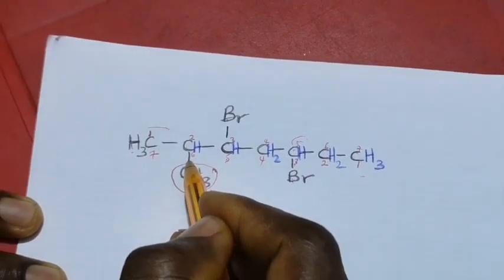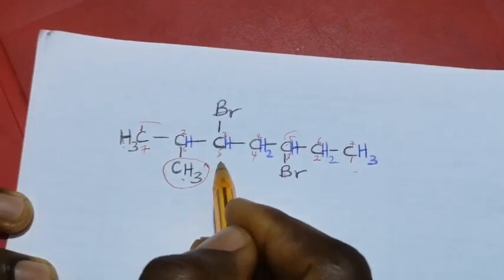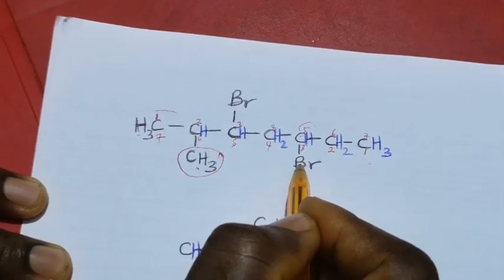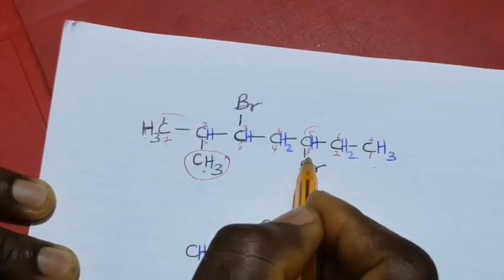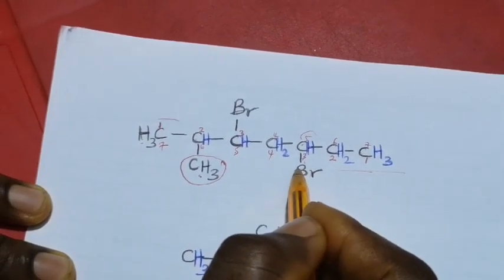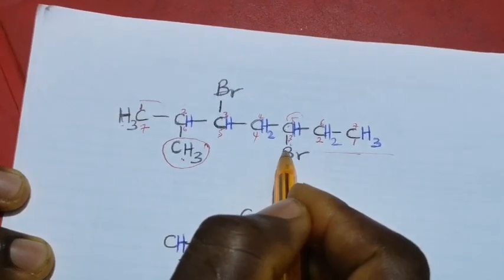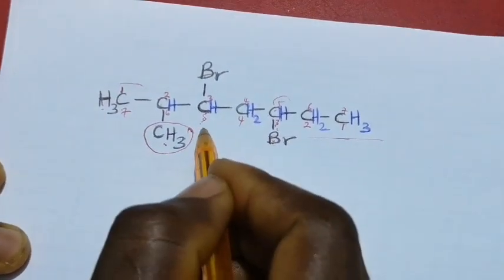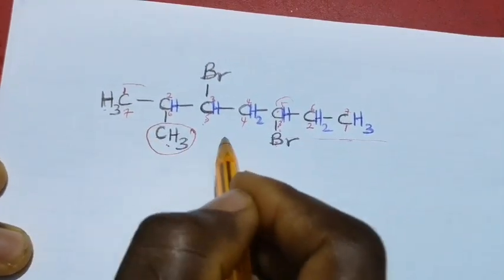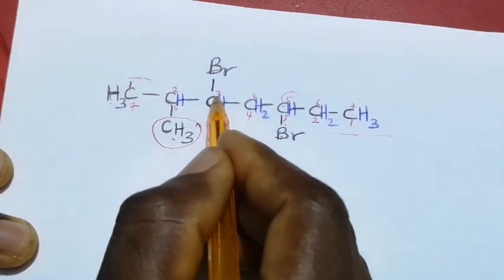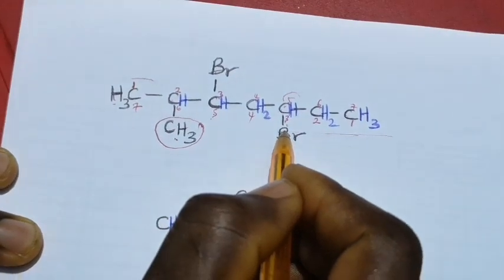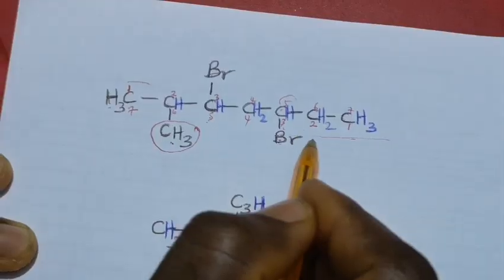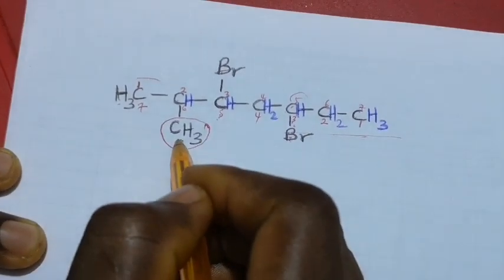So if you watch very well, we have almost the same numbers for bromine. From this end, bromine is 3 and the other bromine is 5. When we follow the other end, bromine will still be 3 and 5. So the number for bromine is the same, but the number that changes is for methyl.